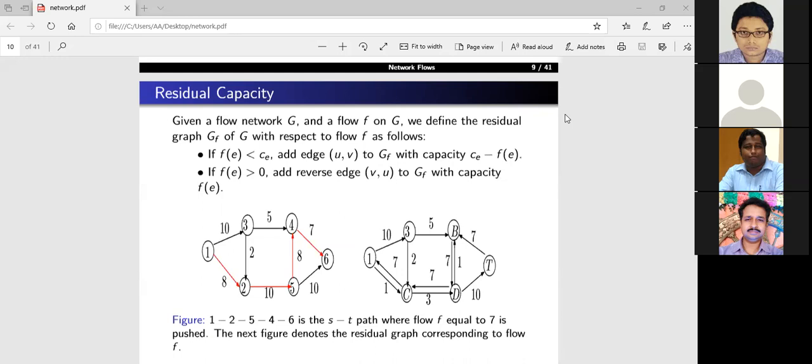Another 8 is being split into 7 and 1. And 4 to 6, which is now B to T, has 7 in the reverse direction. So the reverse direction edges represent the existing flows, and the forward direction edges are the unutilized capacity.